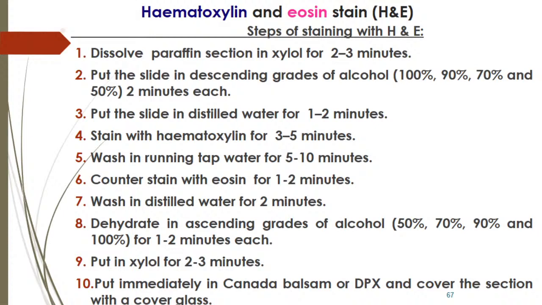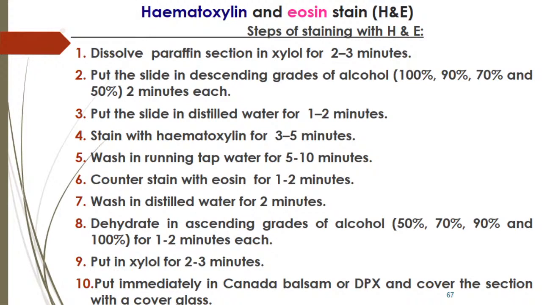Canada balsam is a resin of a Canadian pine, a plant product, which covers the cover glass very well and is used like a glue for the histological slide. You can see a yellowish color under the glass.